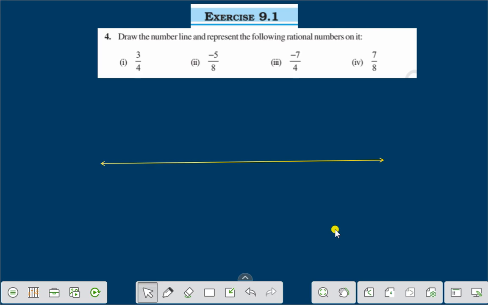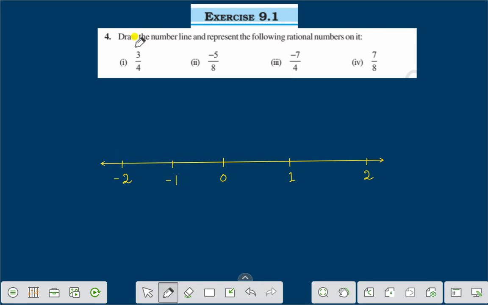Now we will draw the number line here. The first one is, suppose this is 0, this is 1 and this is 2, and if we draw here, that is minus 1 and this is minus 2.